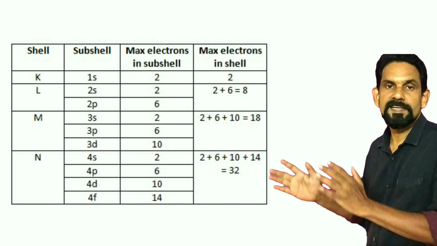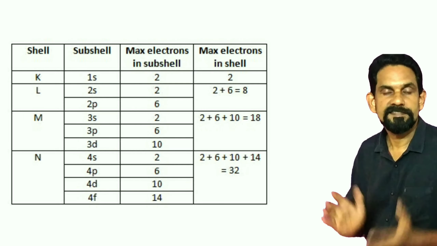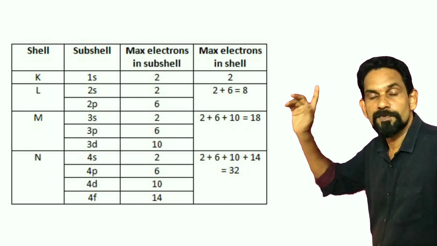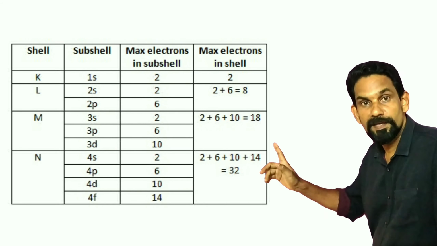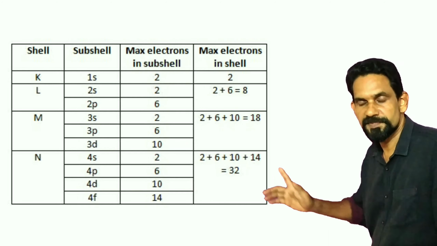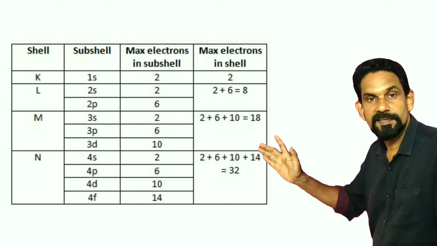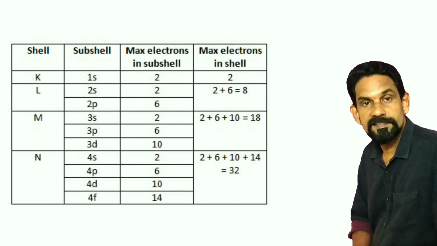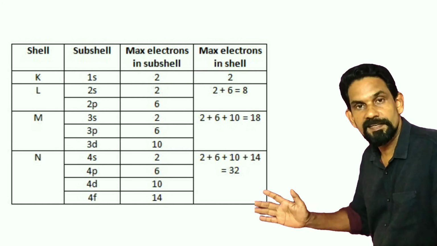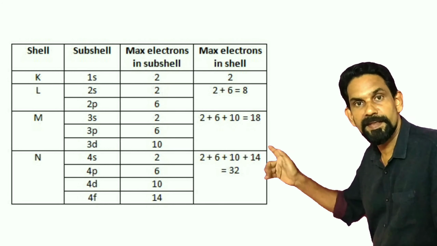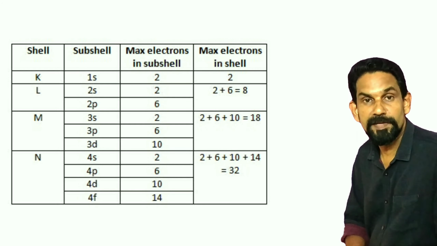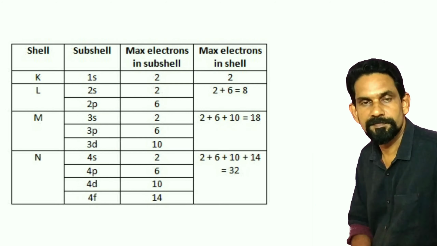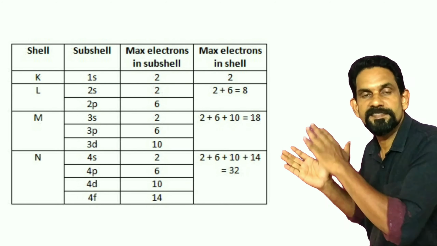Then the number of subshells in a shell and its shell number are the same. Look at the table. First shell has only one subshell, that is S subshell. Second shell has two subshells, that is S and P. Third shell has three subshells, that is S, P and D. And fourth shell has four subshells, that is S, P, D and F. So both these numbers are the same.